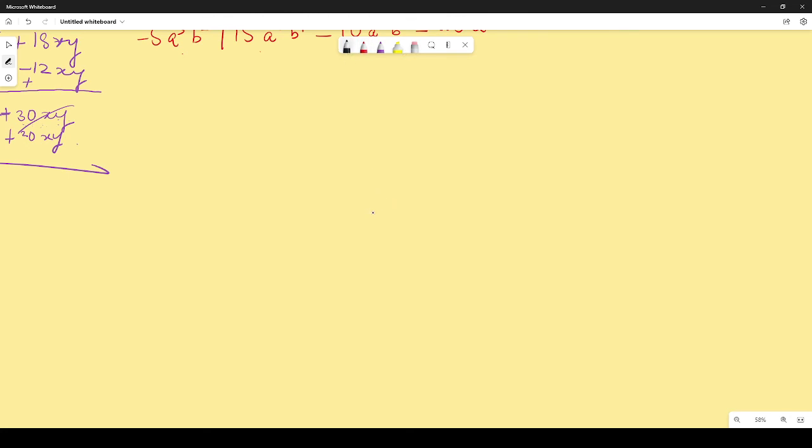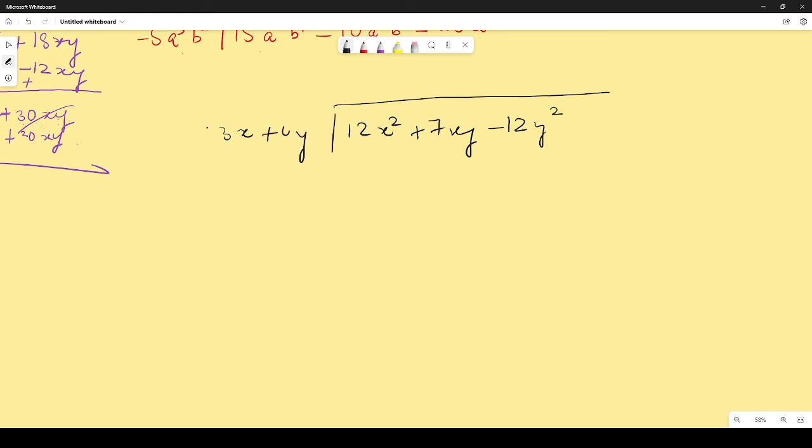Okay, so let us do question number 11, bit 11. It is 12x square plus 7xy minus 12y square, divided by 3x plus 4y.